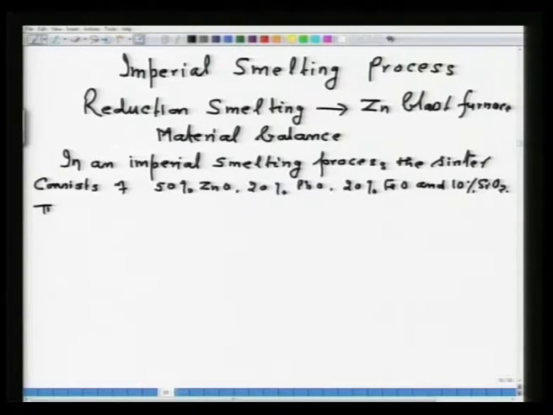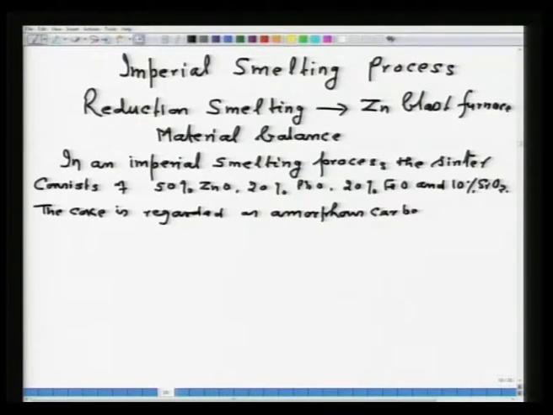The coke is regarded for this problem as amorphous carbon, though it may have certain impurities, but for the illustration I am considering it contains pure carbon.